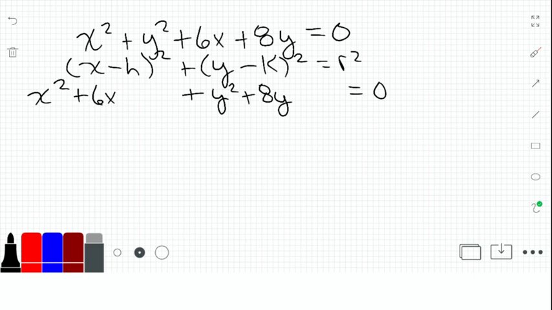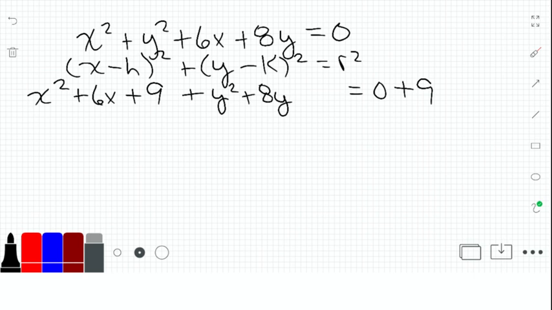To make it into a square, we had to take half of that 6, which is 3, and square it. So that added 9. Remember the difference between the area of the rectangle and the area of the square. The difference was 9, and that's because we just added 9 in order to complete the square. So we're going to add 9 over here.